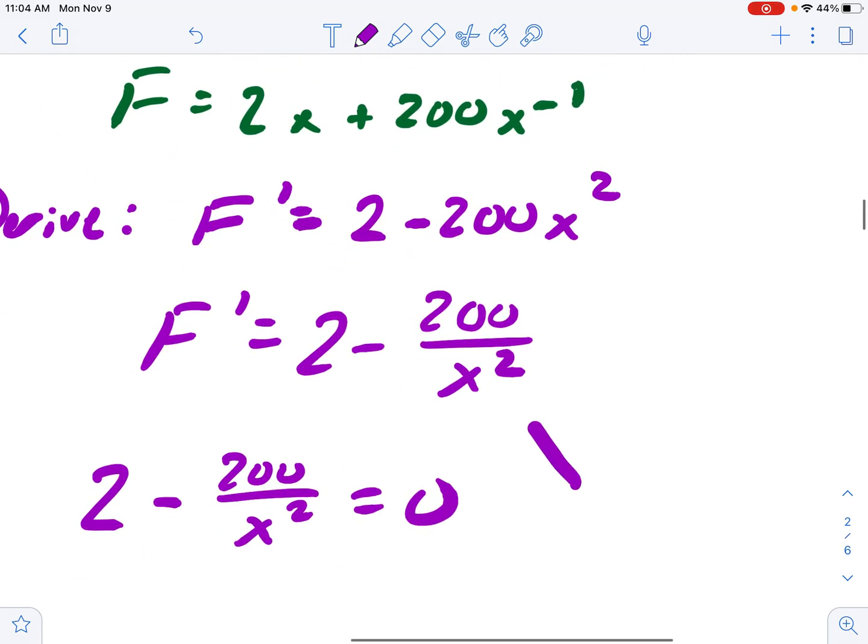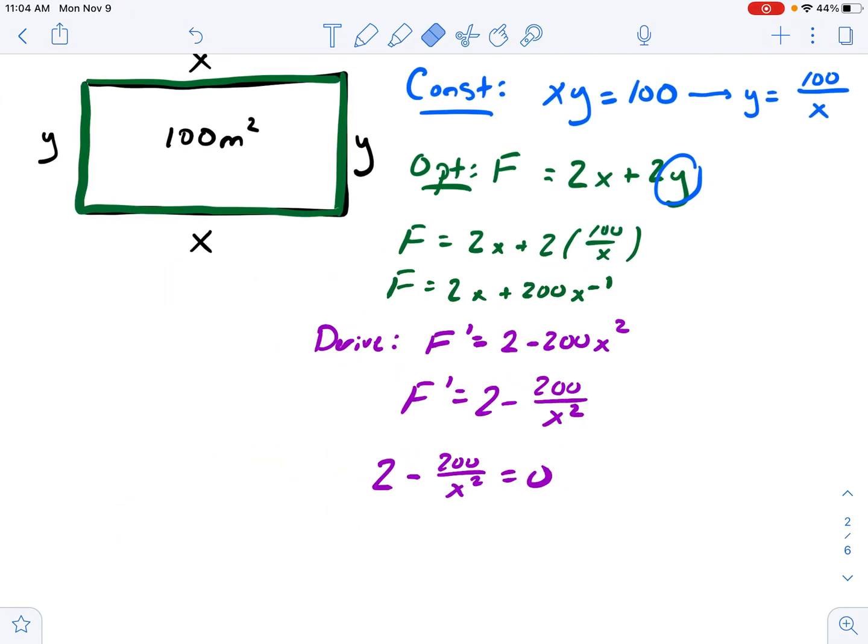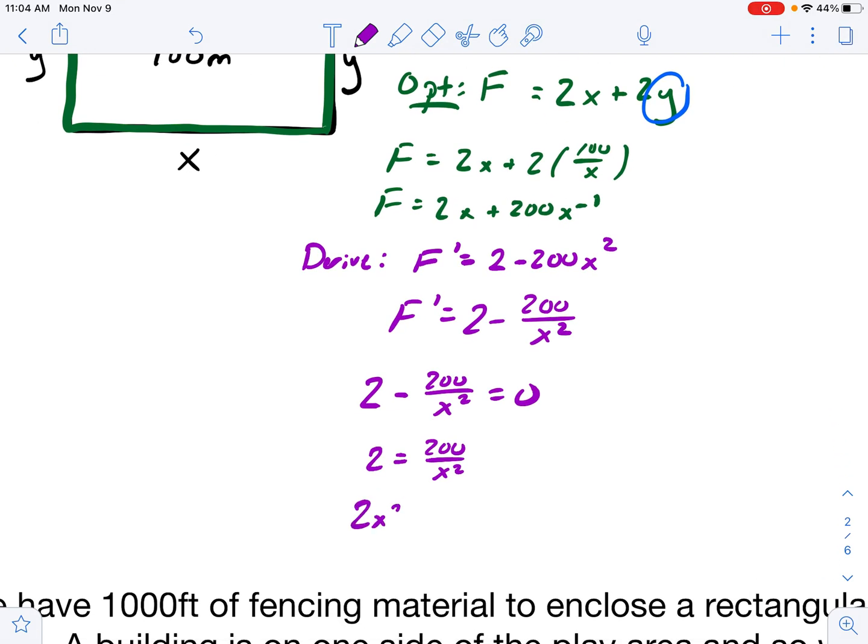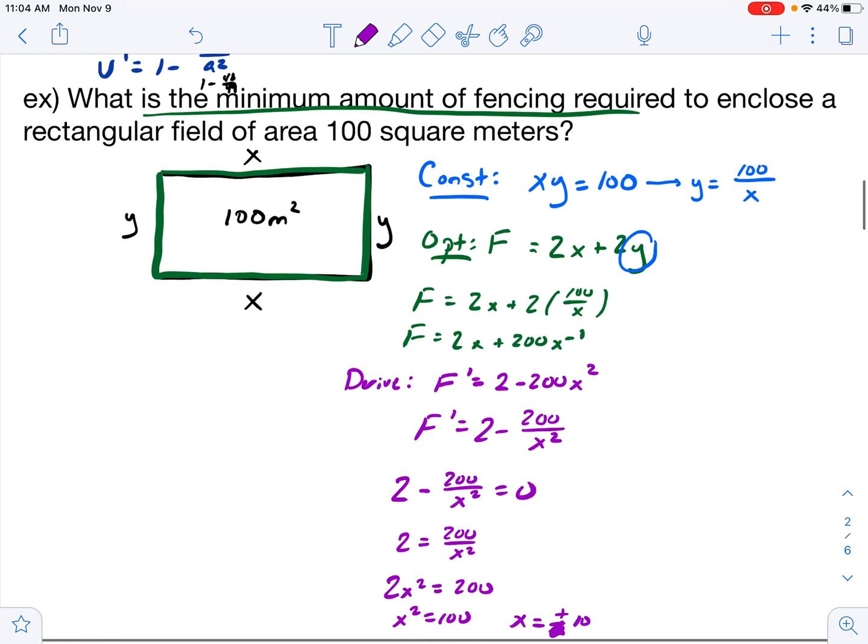Notice this is undefined at 0 in the denominator there, but we're not going to have a length of a side of 0, so we can ignore that critical point. Let's see, adding the fraction over. So 2x squared is 200, so x squared is 100, and x is plus or minus 10, but we can reject the negative 10 again because we're dealing with lengths of sides, okay? So we're getting the x value of 10.